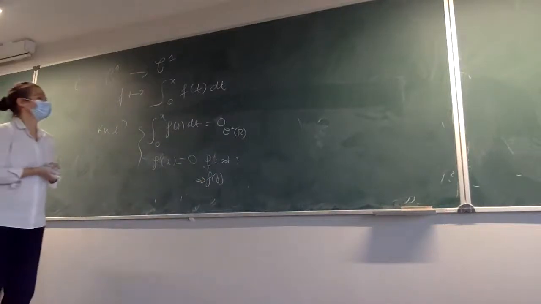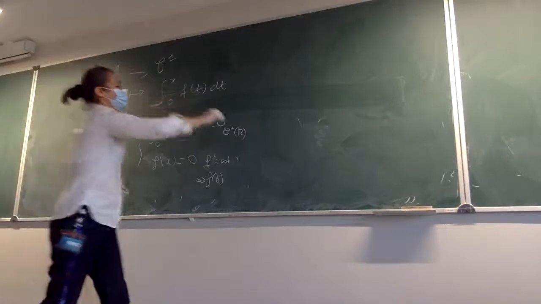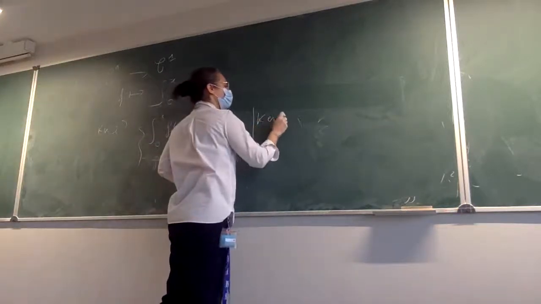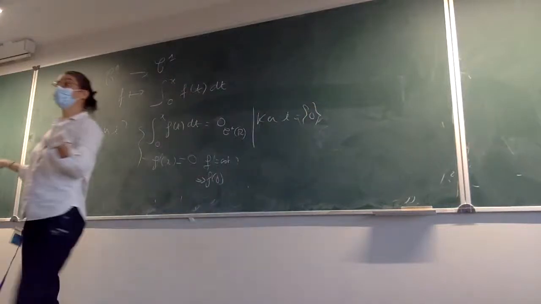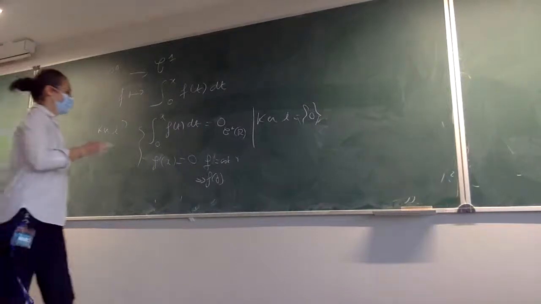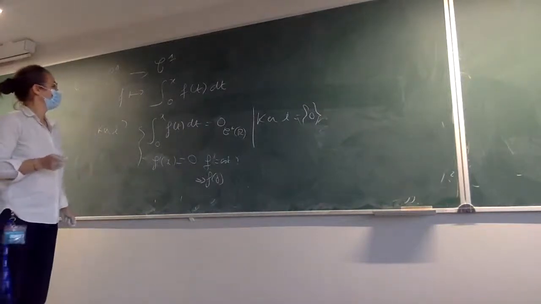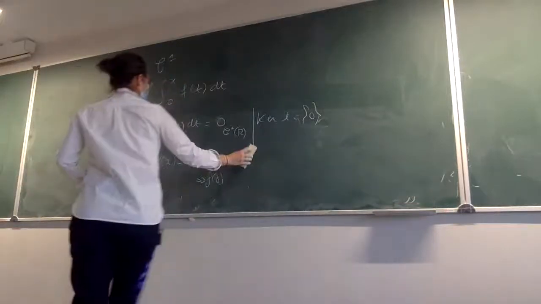Otherwise, that would be equal to x. So we've got that the kernel is only the 0 function. So from that, again, we can conclude that we have injectivity. No, there's something wrong.